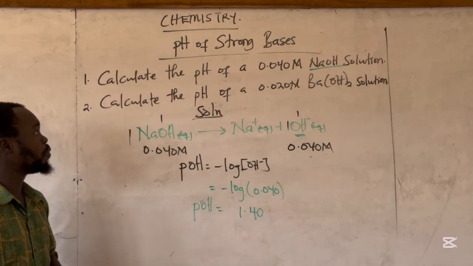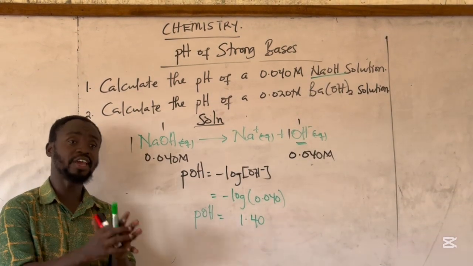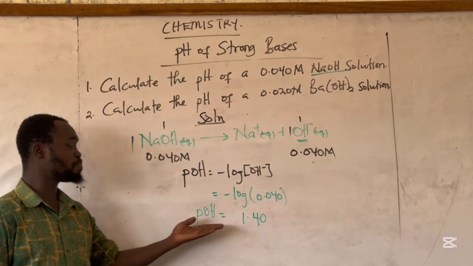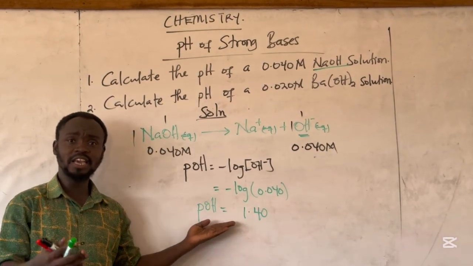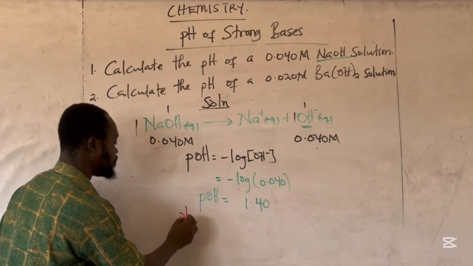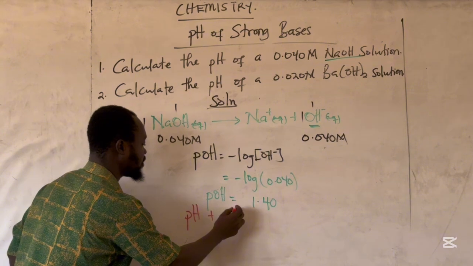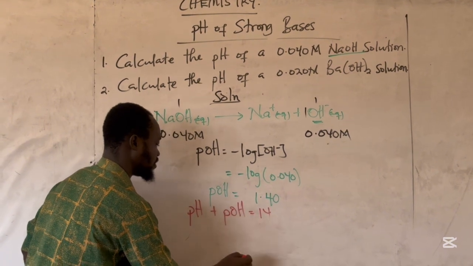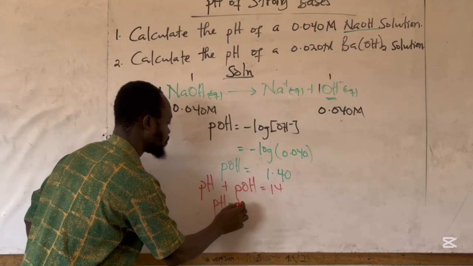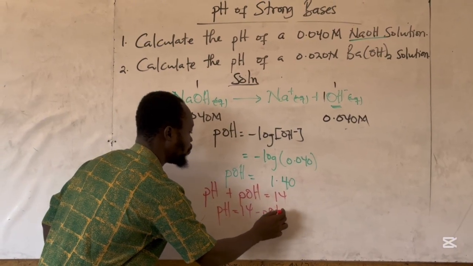But in the question, we were not asked to calculate just the pOH. The question says calculate the pH. Now, this is pOH. To get the pH of this basic solution, we then apply pH plus pOH is equal to 14. Then we make pH the subject. pH is equal to 14 minus pOH.